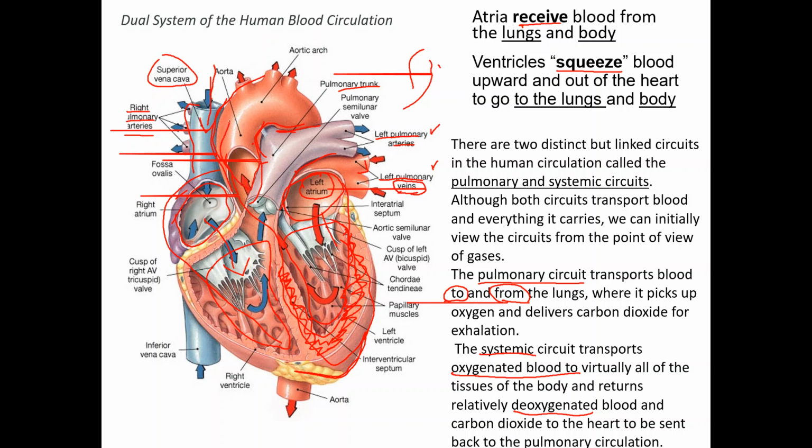The blood leaves and the aorta forms an arch, called the aortic arch, and now it can basically go to the whole systemic circulation. Okay, so it's easier than you think.